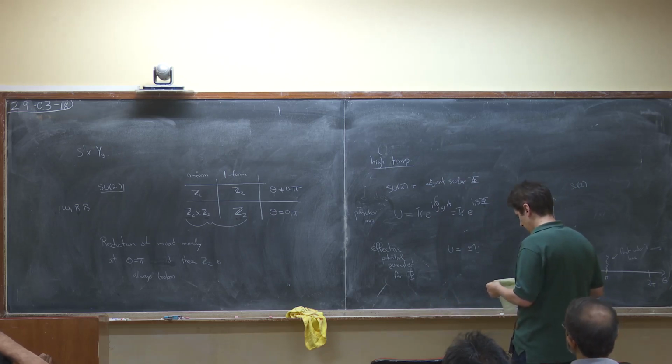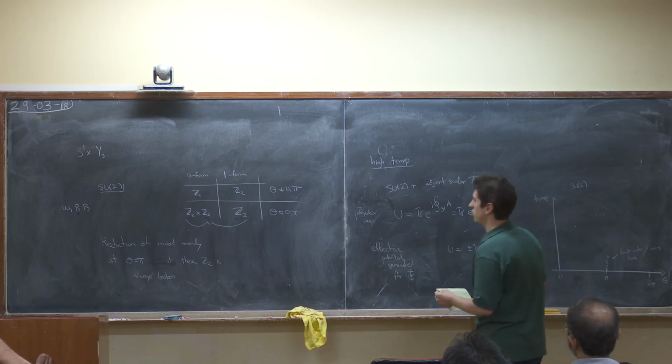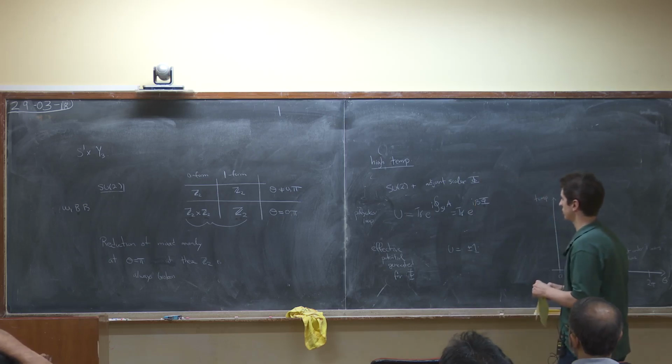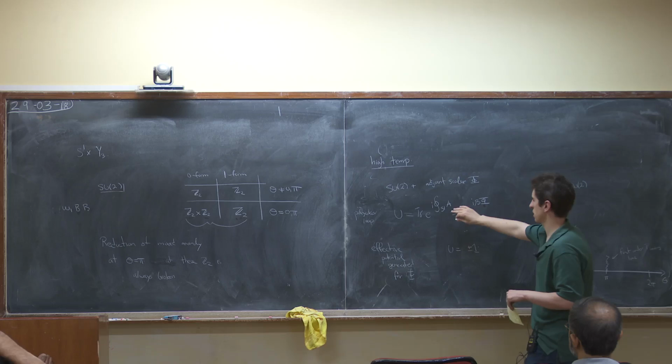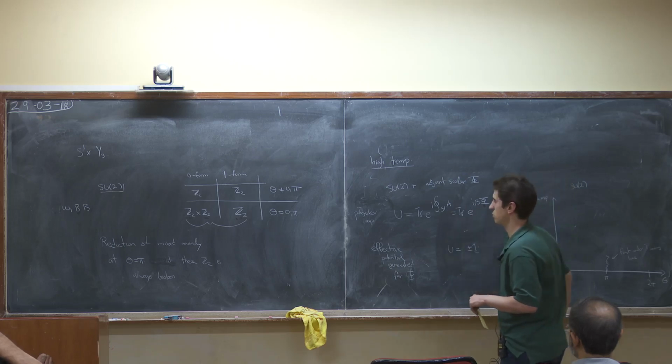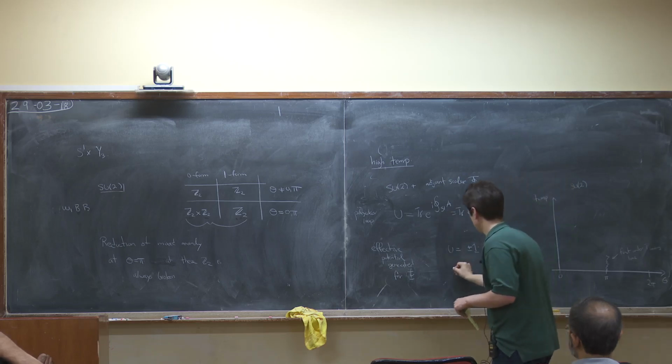Now, under the zero form center symmetry, this is a fundamental Wilson line, so we can say how it transforms.